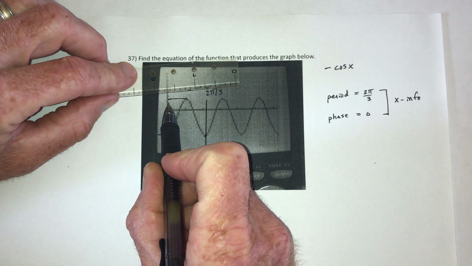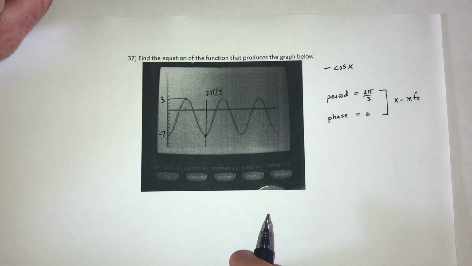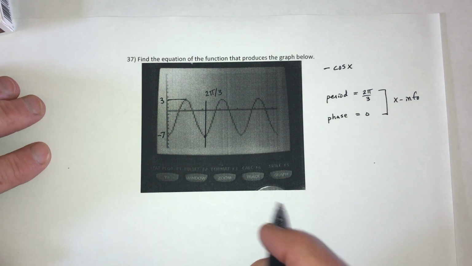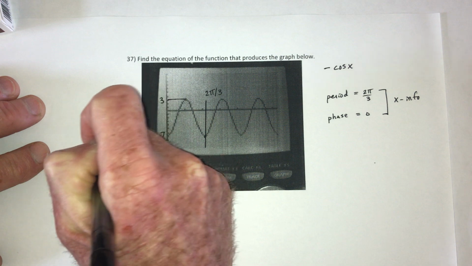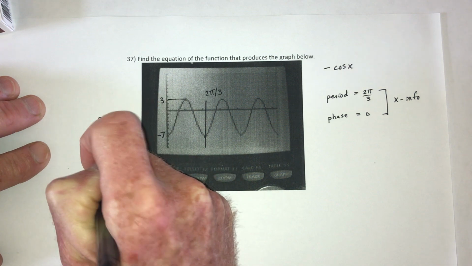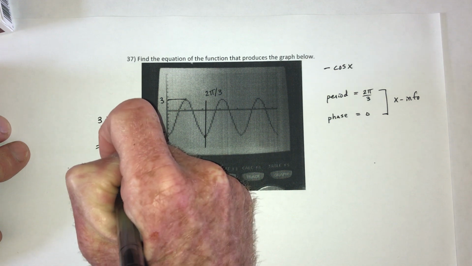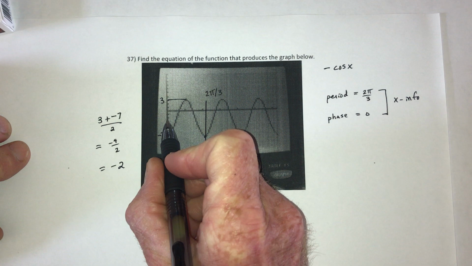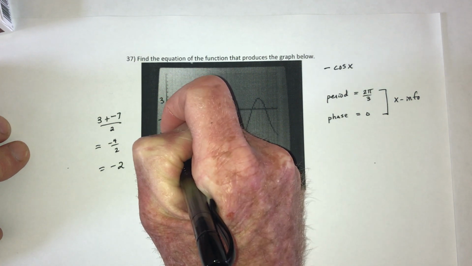So this is 1, 2, 3. Now what's in the middle of a 3 and a negative 7? So a 3 plus a negative 7 divided by 2. On the top, this would be negative 4, and then divide that by 2 equals negative 2. So negative 2 would be right here in the middle.